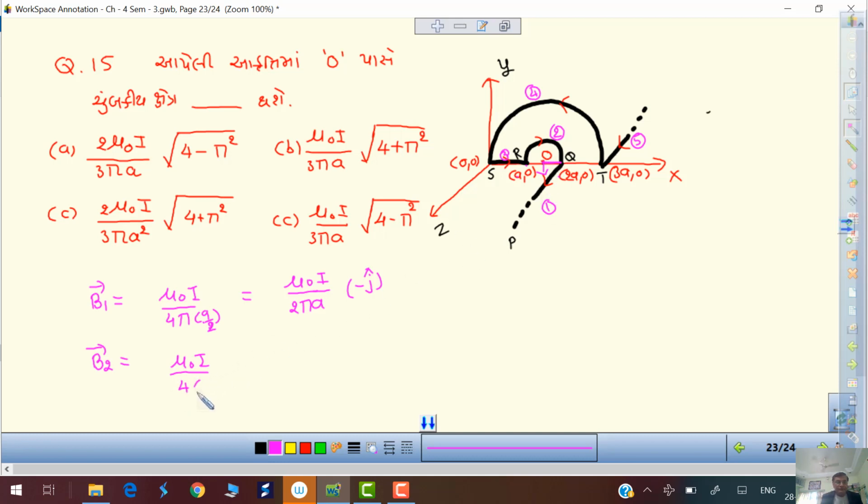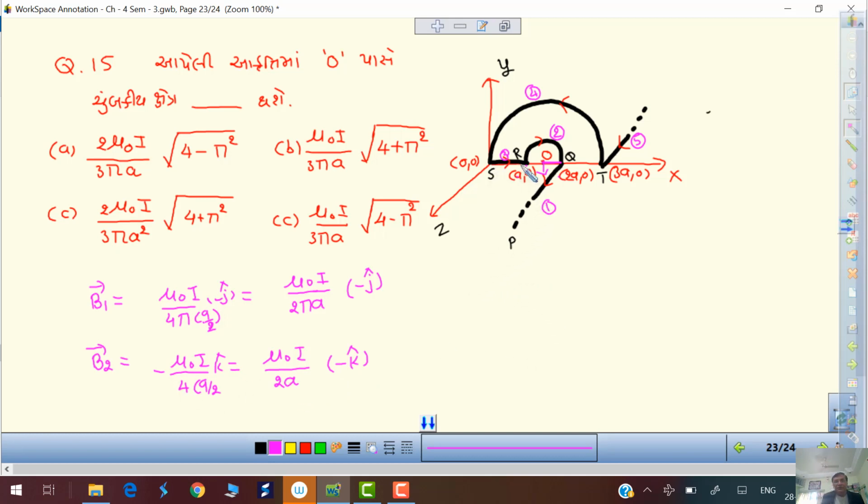A/2. So we get μ0 I upon 2a. In which direction did it come? In the inward direction, so -k. This is -j. You can write here or there, no problem. So this is B2.